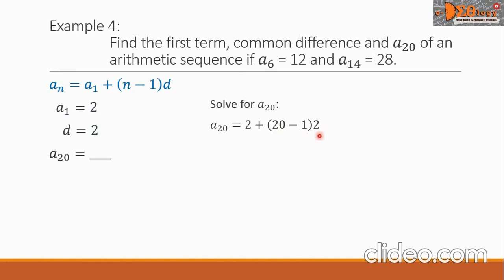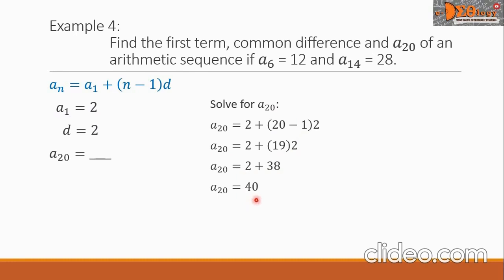Then simplifying further, 20 minus 1 gives 19. So we have a sub 20 equals 2 plus the product of 19 and 2. So 19 times 2 is 38, and then 38 plus 2 is 40.